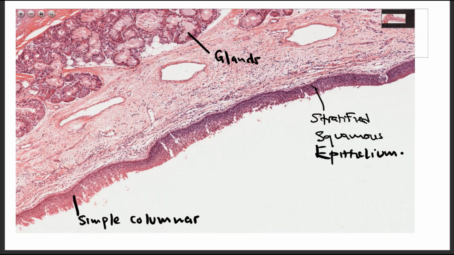In the ventricle, the epithelium changes from stratified squamous epithelium into simple columnar epithelium. So this slide is showing you how epithelium shifts from a stratified squamous epithelium into a simple columnar epithelium when you move from the false vocal folds into the ventricle, in the larynx.